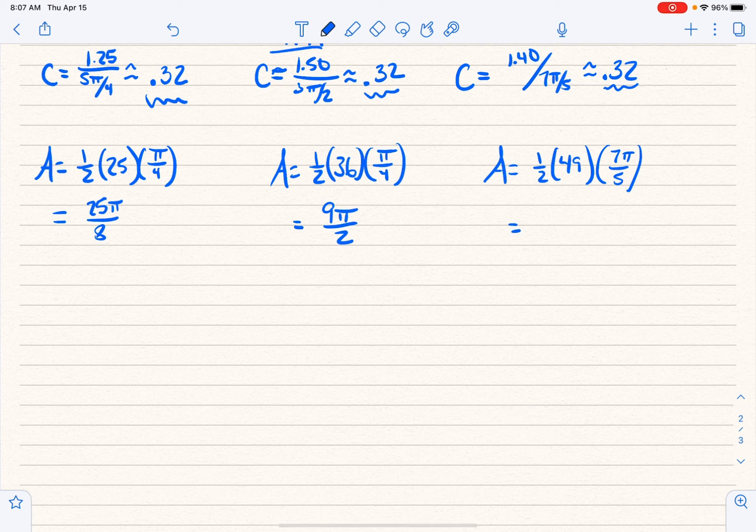Okay, and then this one reduces to, let's see here, 343 pi over 10. Okay, so that's the area.